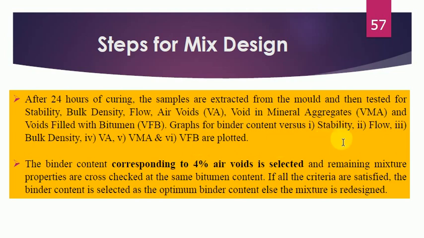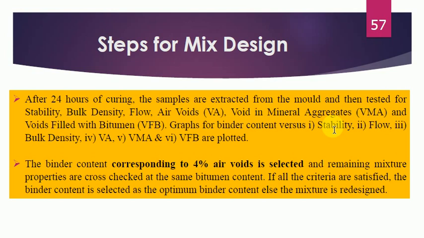After plotting them we have to check at what bitumen content we are getting the maximum stability, the maximum density, and the bitumen content corresponding to 4% air void is selected.